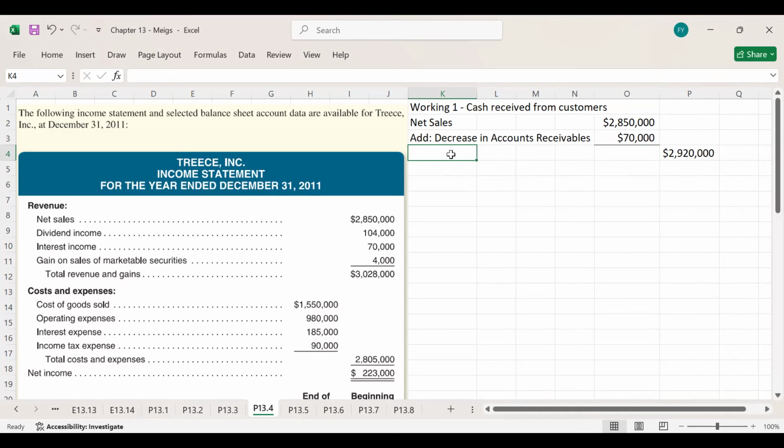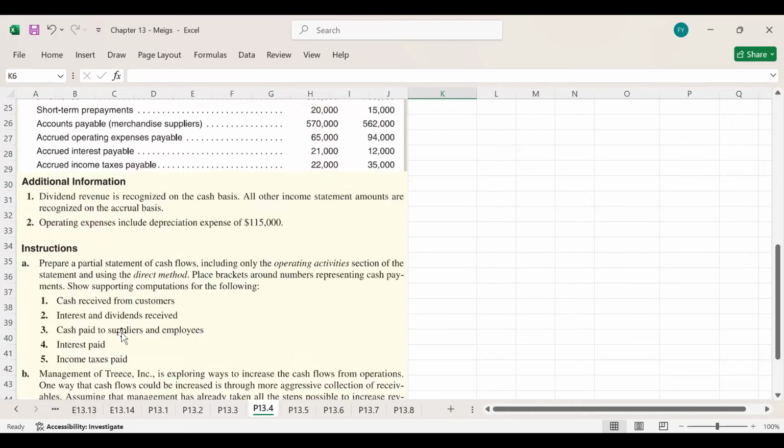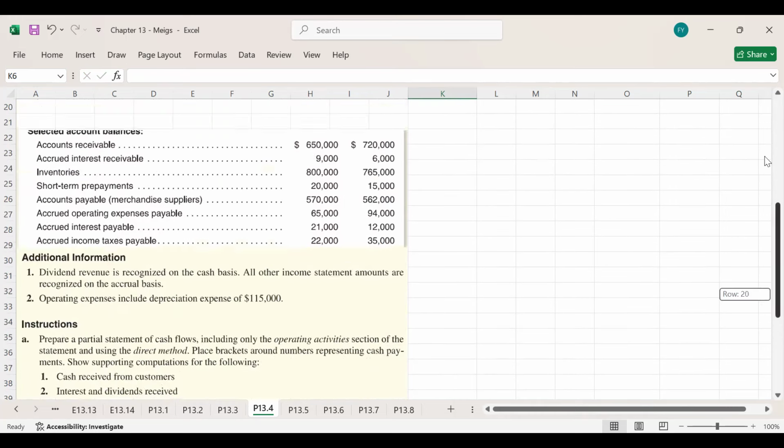This is the first requirement, cash receipts from customers. So the next working is interest and dividends received.